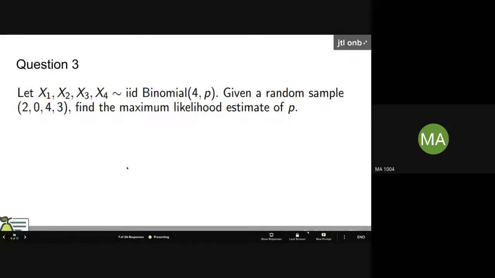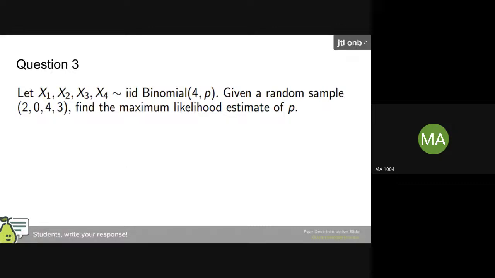Okay, done. How many of you have written the likelihood function? Some have written something. Okay, maybe I will ask for a show of hands. How many of you have written the likelihood function?